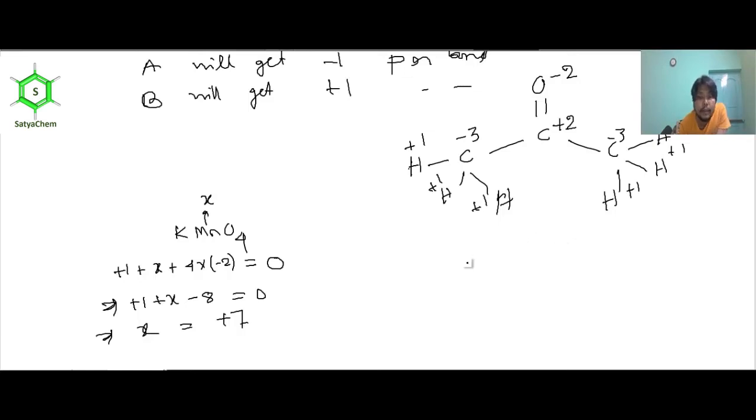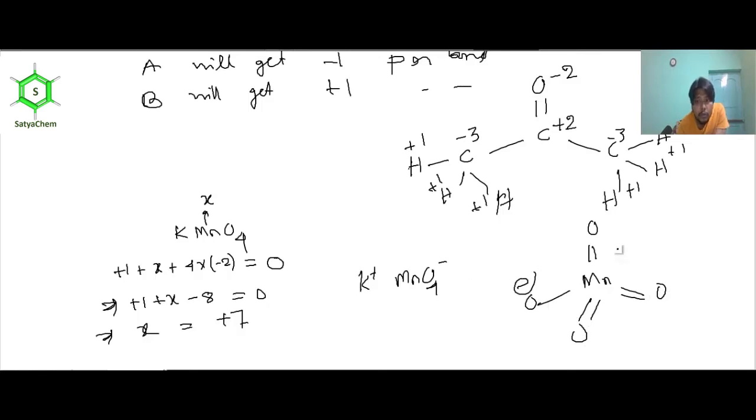Now I will calculate the oxidation number of manganese from the chemical structure of MnO4-. We know KMnO4 means K+ and MnO4-. Here we can consider the MnO4- only. Then Mn double bond O, double bond O, double bond O, and single bond O-.